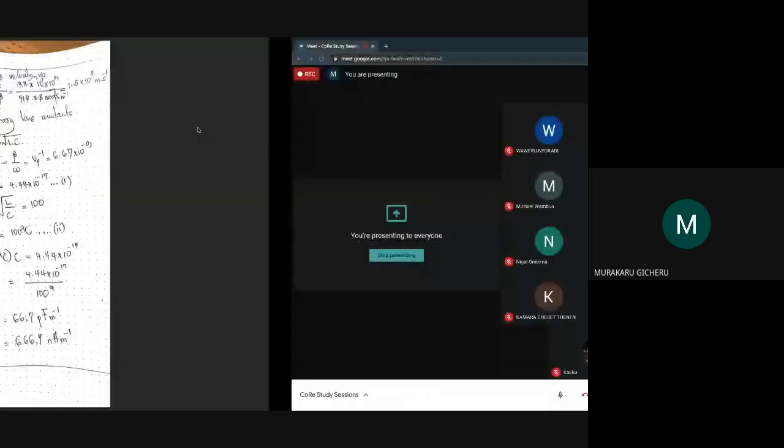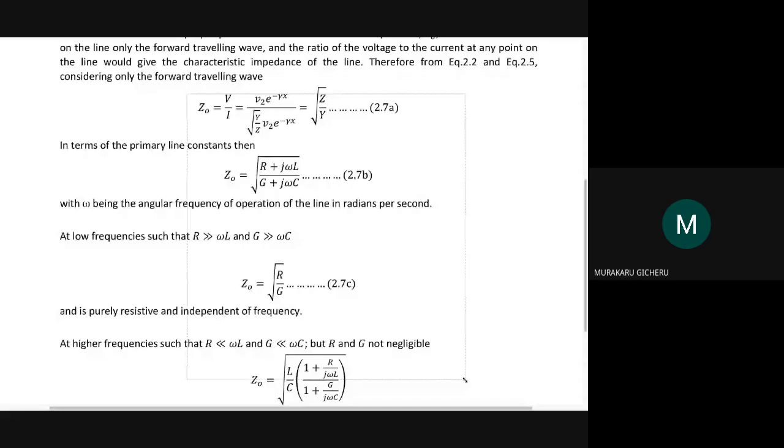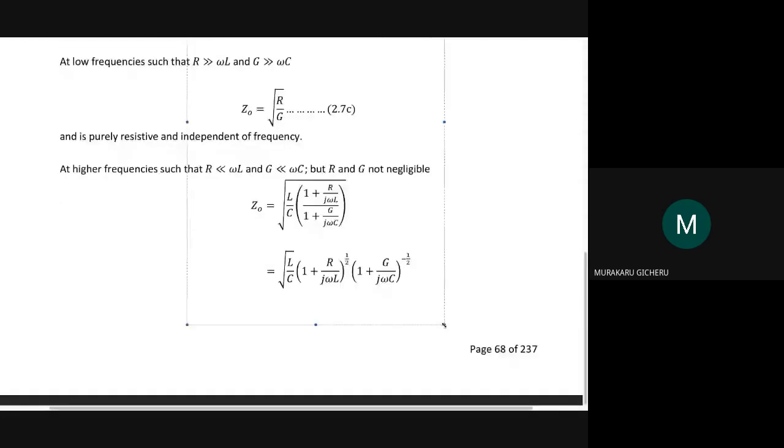If I can just go back to these class notes, when you go through the notes, you will see that there are a lot of formulas used to find this characteristic impedance.